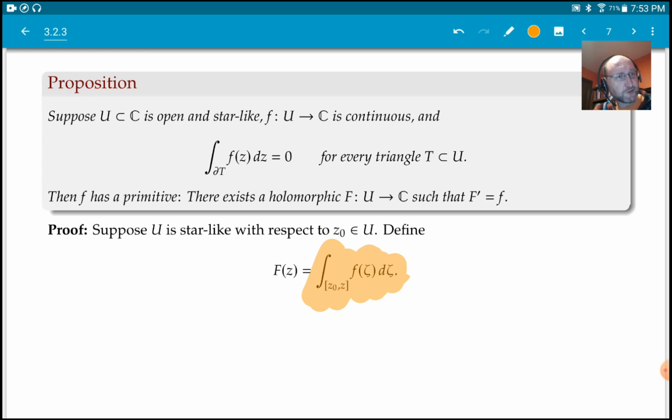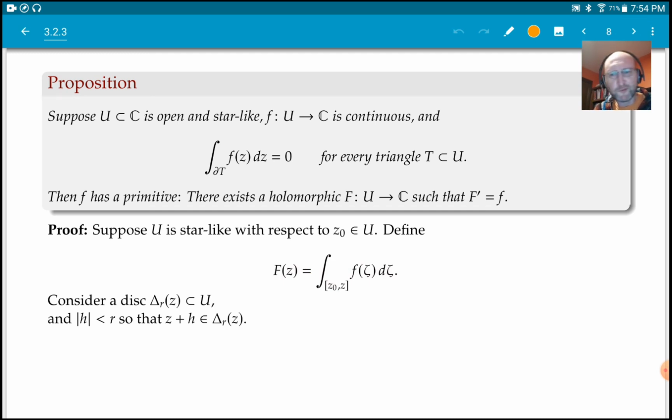There's no choices to be made here. This is a well-defined number for every Z. So let's define capital F this way, and let's prove that it happens to be the antiderivative of little f. That's the capital F that we're looking for.